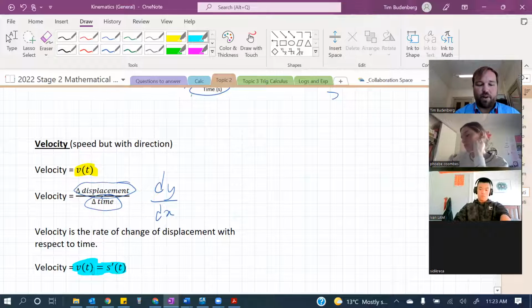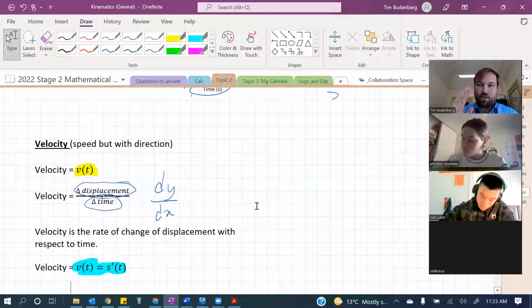So if you have an object with a displacement graph like the one we just looked at, and you find its slope at one point, its slope is how fast it's traveling.